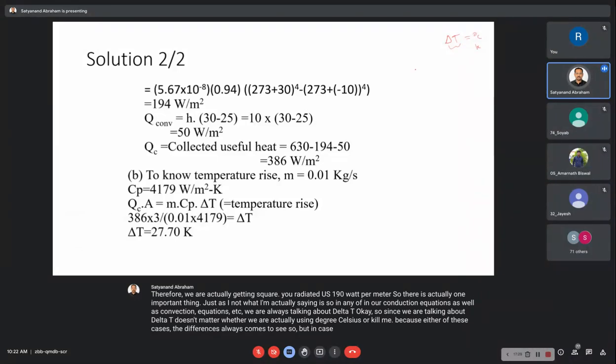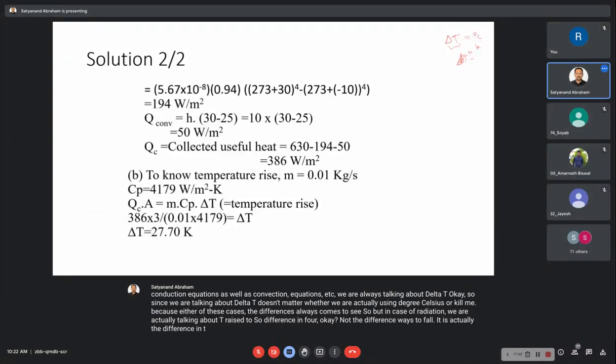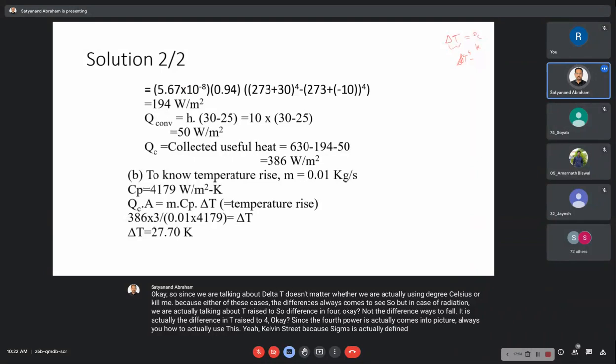But in case of radiation, we are talking about T raised to 4. So it is not the difference raised to 4, it is the difference in T raised to 4. Since the fourth power comes into the picture, you always have to use the Kelvin scale, because sigma is defined based on the Kelvin scale.